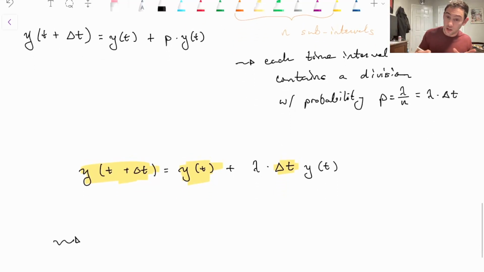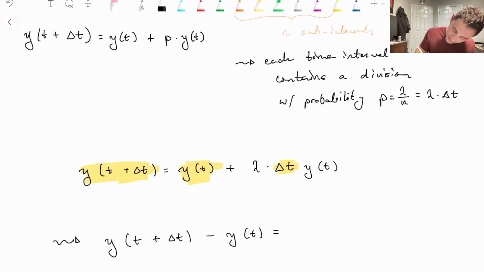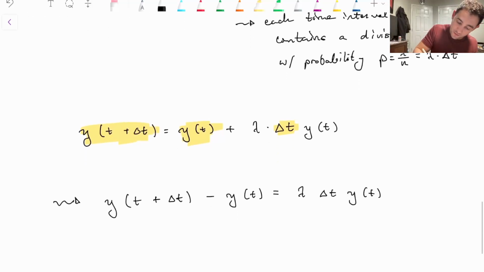And I solve, mathy, mathy, math. I can subtract y of t over to the left-hand side. I can divide both sides now by delta t.